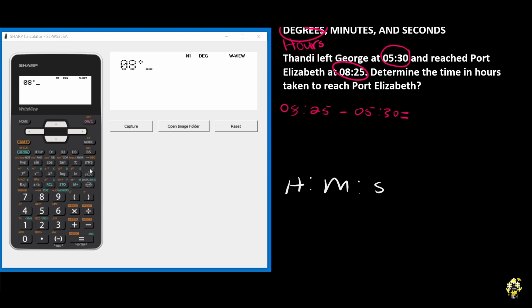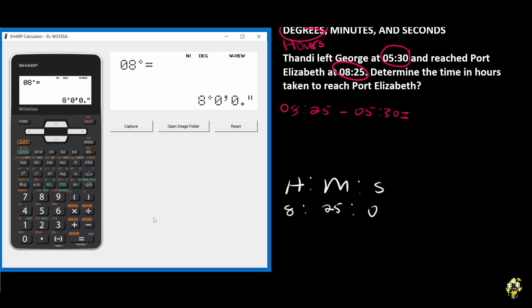When it comes to time, the first is hours, the second minutes, the third seconds. So I have 8 hours, 25 minutes, 0 seconds. If I input the 8, my calculator is interpreting it as 8 hours. This is what I mean, if you press equals, you see.